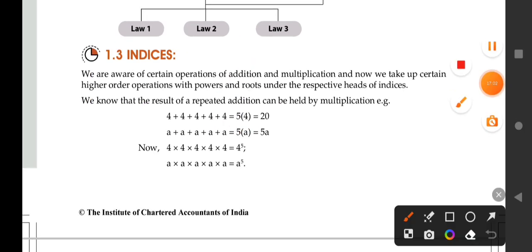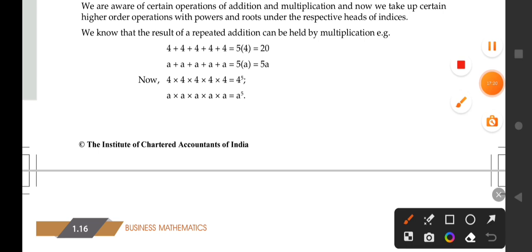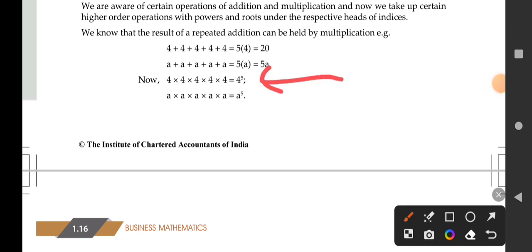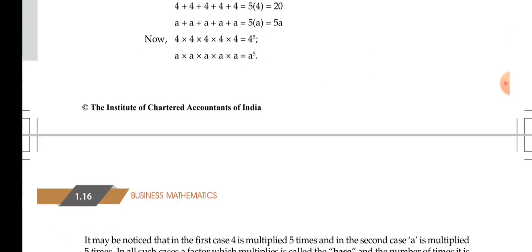If I write it with the help of variables, if a is added 5 times, I am going to write 5 into a, 5a. Now, what about if 4 is multiplied 5 times? How are we going to write it as? 4 raised to 5. Similarly, a is multiplied 5 times. We are going to write it as a raised to 5.